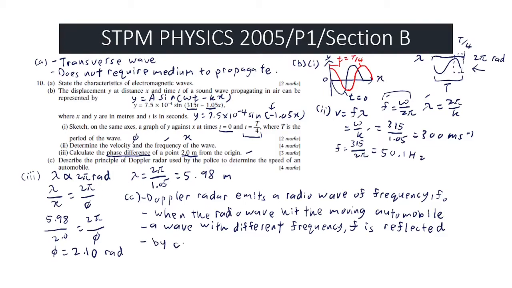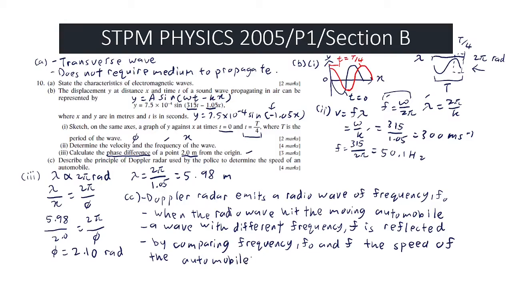So by comparing frequency f naught and f, the speed of the automobile can be determined.